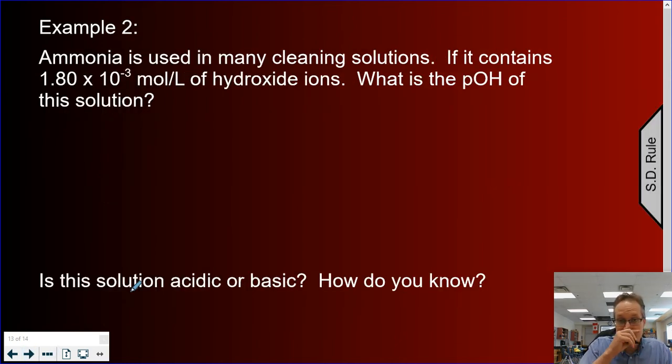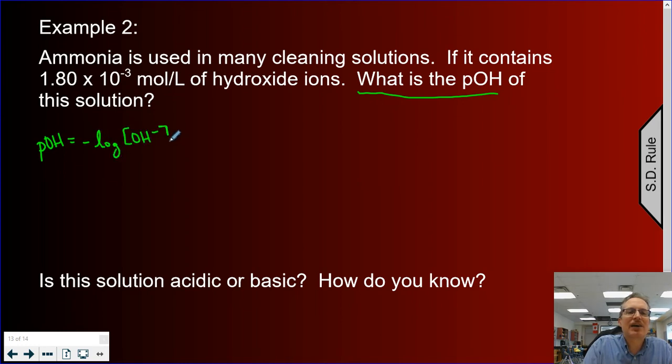Okay, last example. Please try this one for yourself and then unpause to check your work. Ammonia is used in many cleaning solutions. If it contains 1.80 times 10 to the negative 3 moles per liter of hydroxide ions, what is the pOH of this solution? So pOH equals the negative log of the hydroxide ion concentration, negative log of 1.80 times 10 to the negative 3 moles per liter.